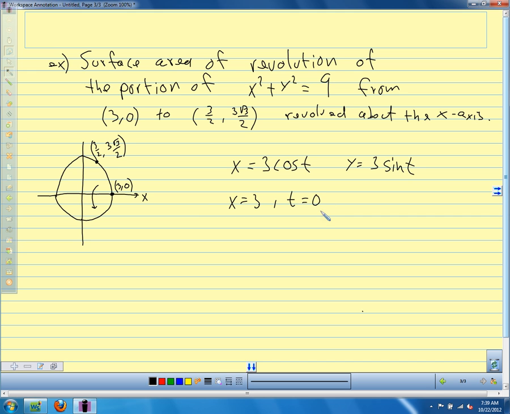And when x equals 3/2, we have 3/2 equals 3 cosine t. So cosine t equals 1/2. And this corresponds to t equals what? Pi over 3. So our interval in terms of t is going to be from 0 to pi over 3.